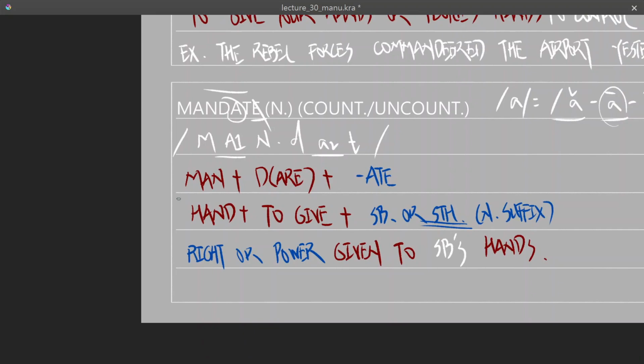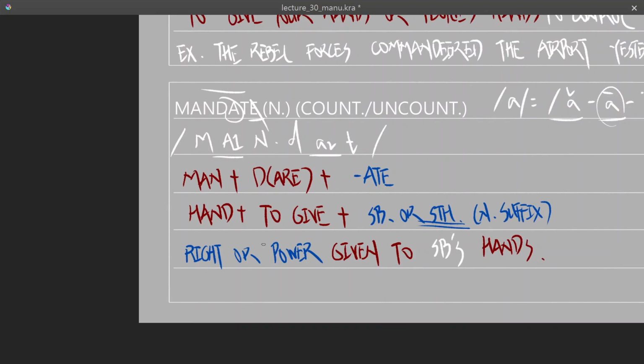Mandate: power or right given to somebody's hands.